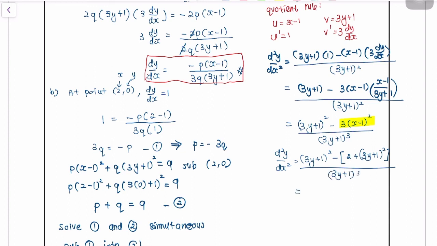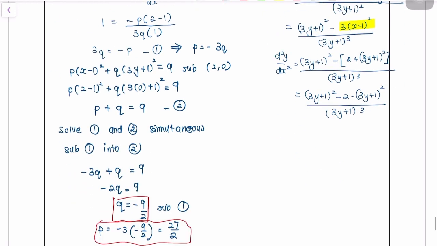Okay, so selesaikan yang ini. Tak payah expand (3y plus 1) square tu. Minus 2 minus (3y plus 1) square. Okay, so selesaikan. Nanti kita akan dapat d2y over dx square equals to negative 2 over (3y plus 1) cube. Okay, so dah siap.